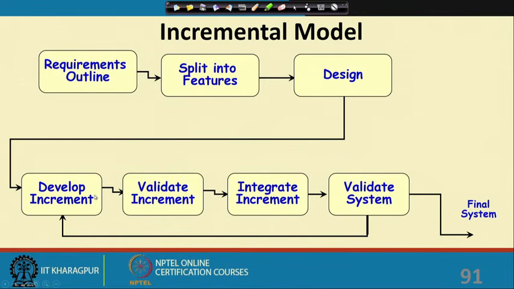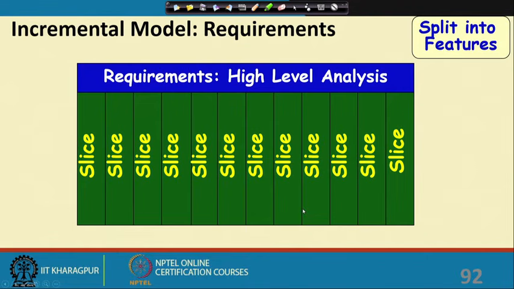Then they keep on developing the increments, test the increment, integrate with the previous software, validate the system, and keep on doing this until all the features are accommodated, and then finally they deliver the system. The initial requirements are split into features, and then they go on developing one feature at a time.